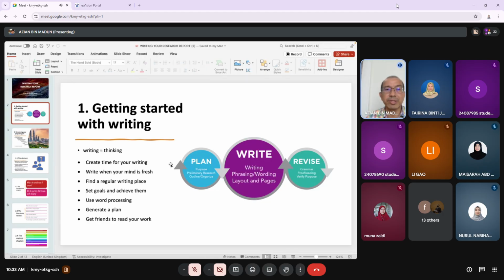AI can help you a lot, either in your own language, either in Malay or in English, or Arabic, I'm not so sure. Is it good or not? I'm not so sure. But as far as I can see, English is good. The Malay also not bad, when we see how AI writes paragraphs.